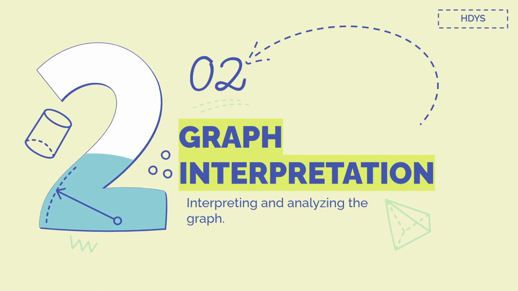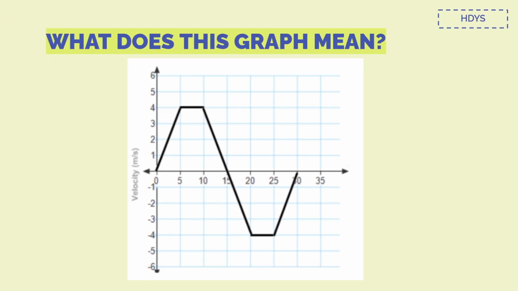Now we're going to be looking at the graph and actually trying to understand it quickly. As we said, we have an object moving for exactly 30 seconds, and as it's one-dimensional, it's only either going to be horizontally or vertically away from the origin. So that doesn't really matter. All that matters in here is that the velocity goes in the positive direction and then goes into the negative direction.